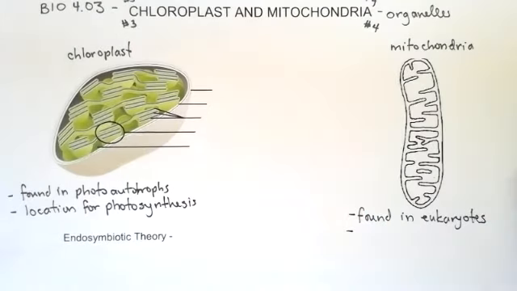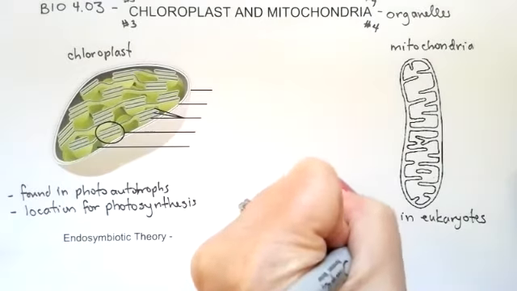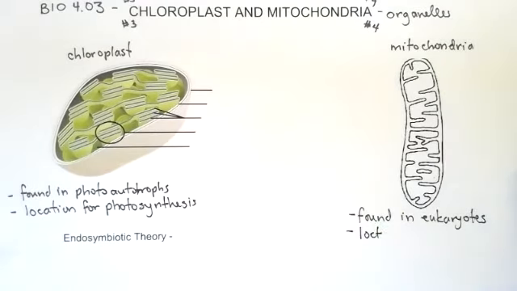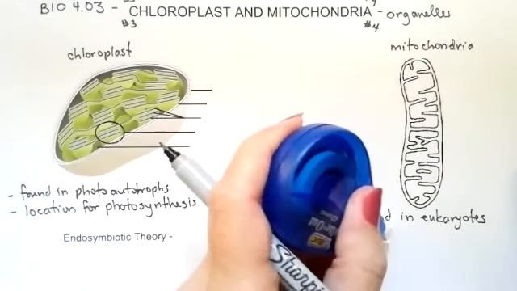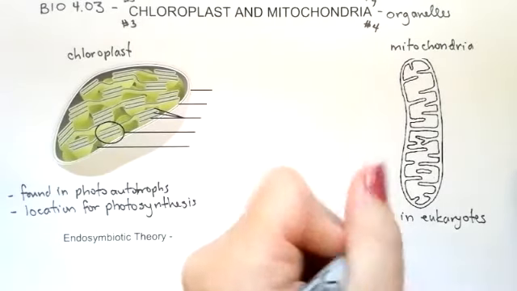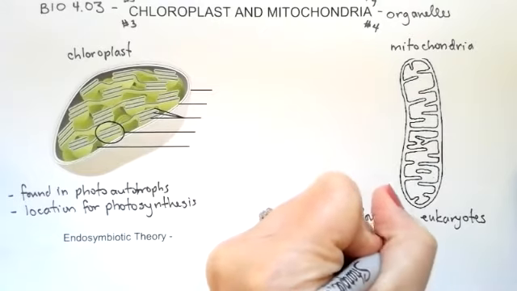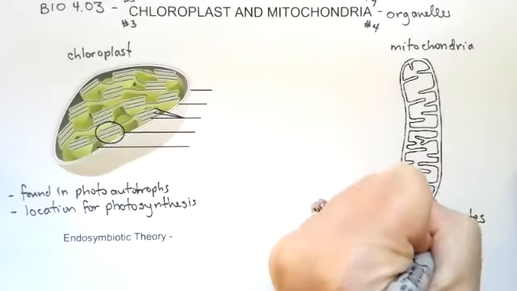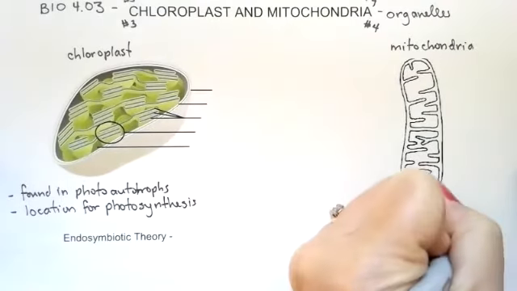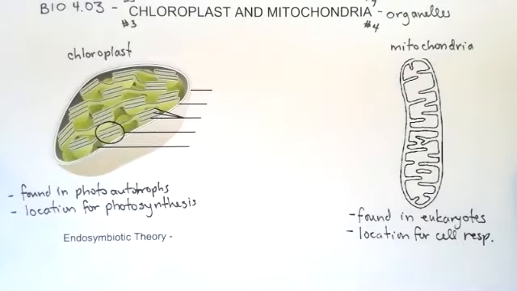And this is the location for cell respiration. In the last lesson we talked about cellular respiration. We're just going to call it cell respiration. I'm just going to abbreviate that because I'll run out of room.